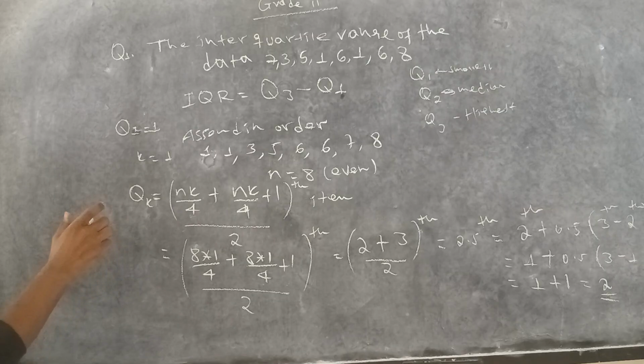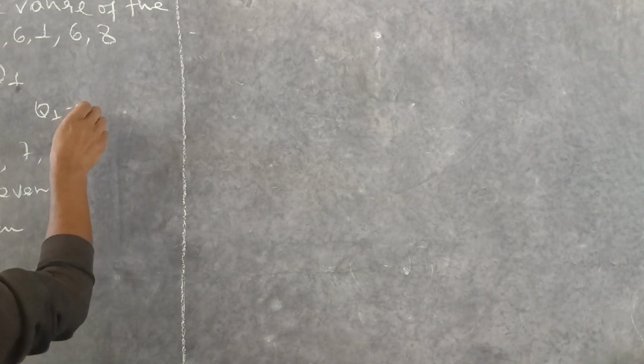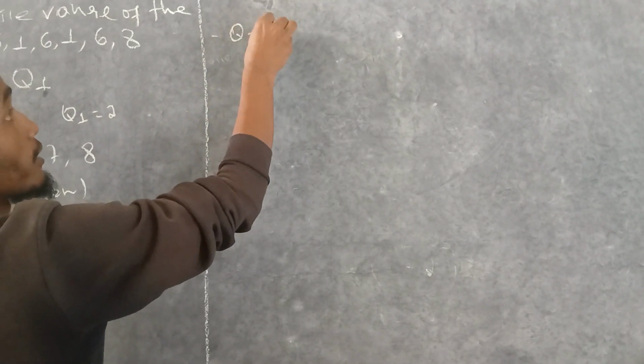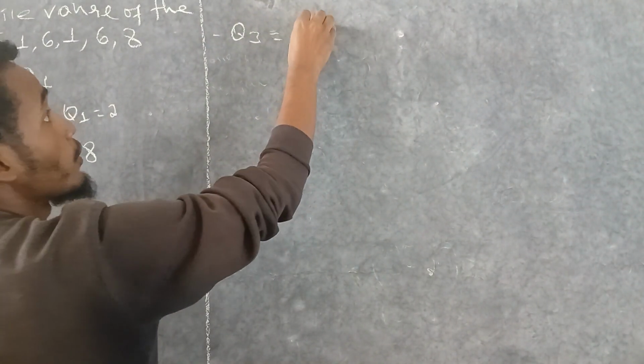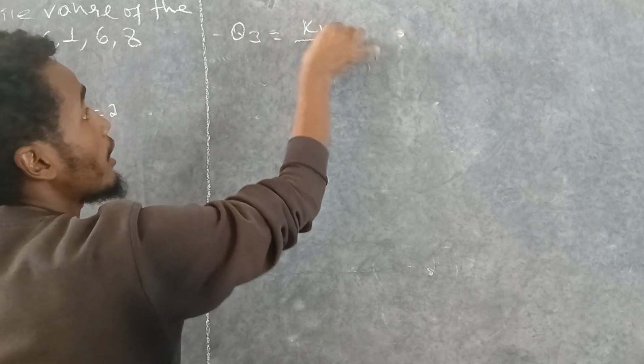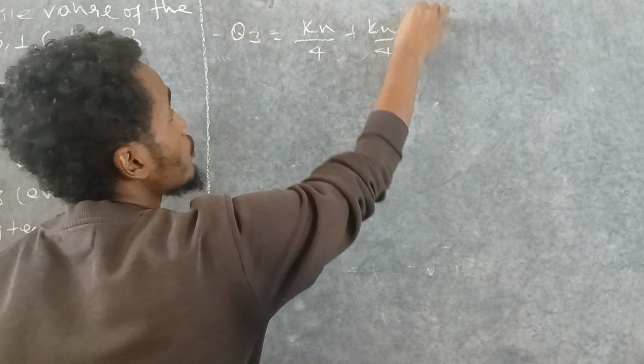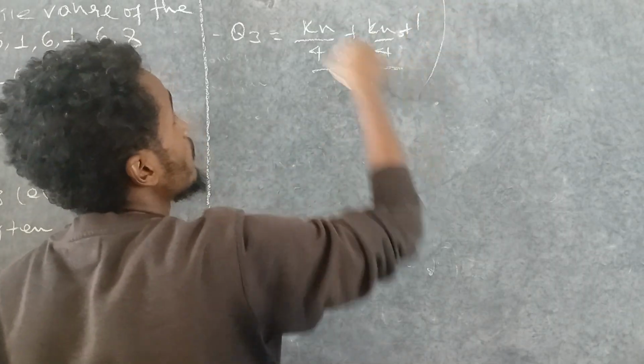Now let's find Q3. Q3 is the (kn/4)th item plus the (kn/4 + 1)th item, divided by 2.